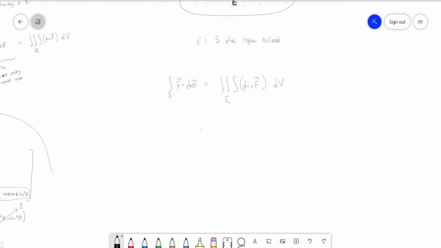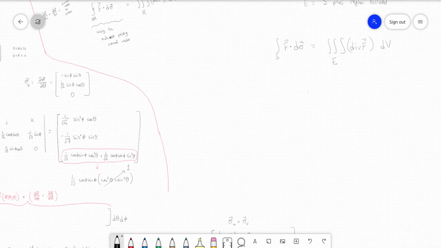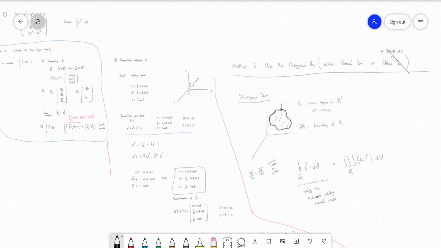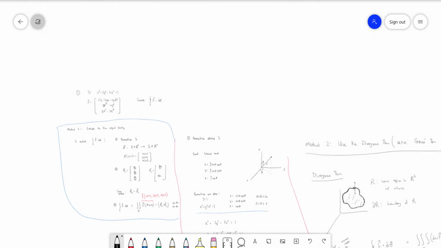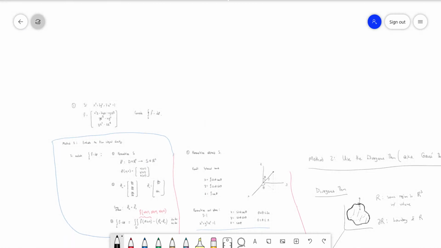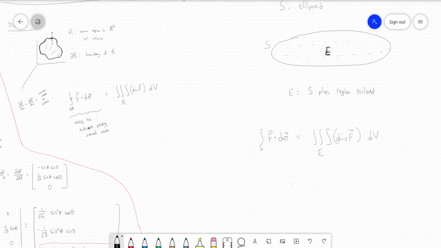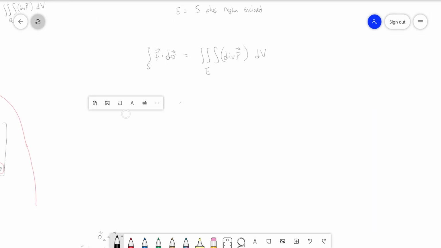Okay. So first, let's try to compute the divergence of our vector field. So here's the vector field F that we had earlier.